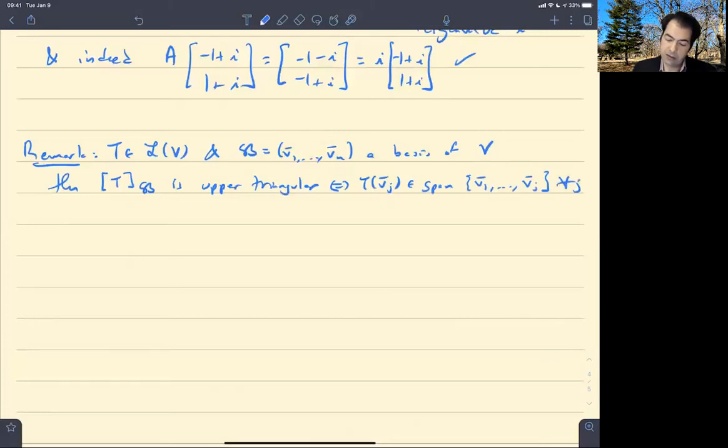That's what it means for this associated matrix to be upper triangular. It means that when you look at the jth vector in that basis, its image is in the span of the first j vectors in that basis.